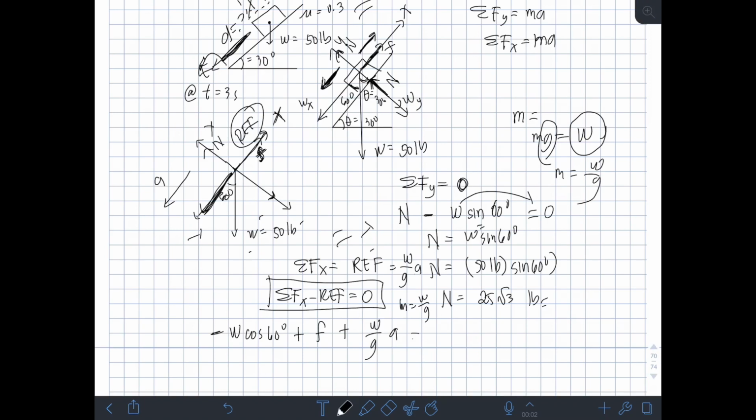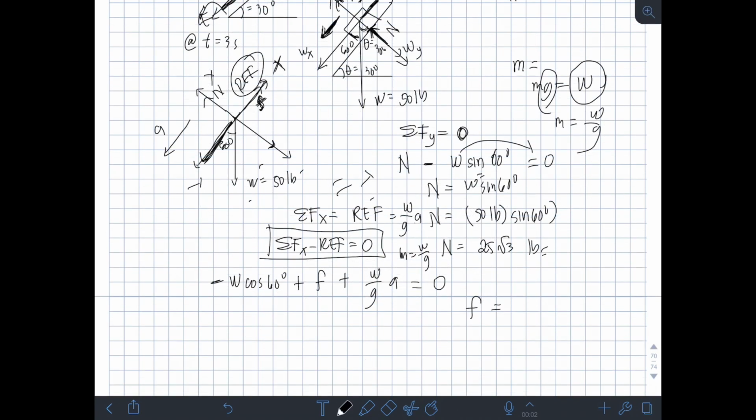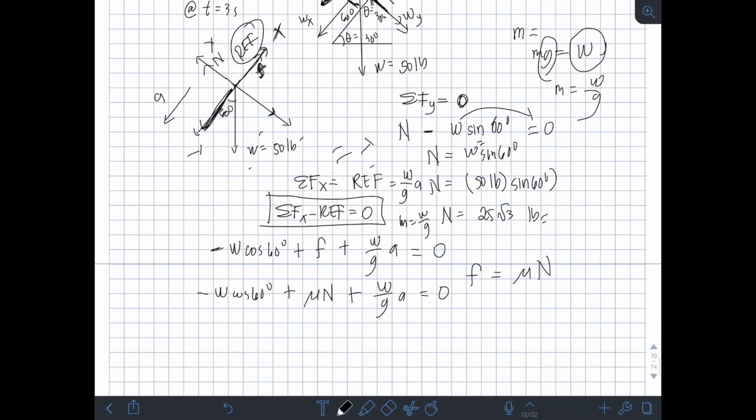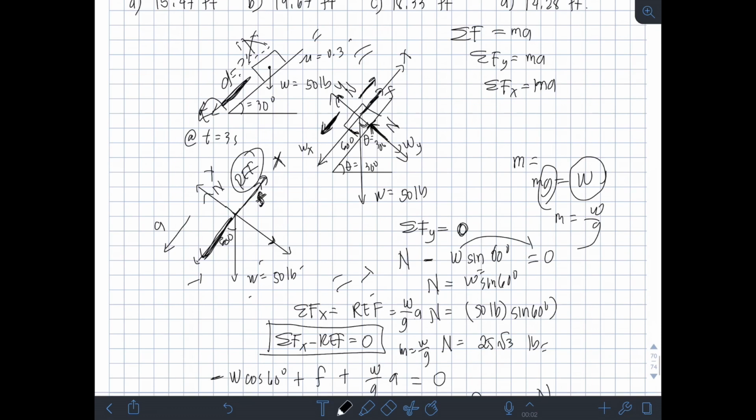So, wala na. So, equate na natin sa 0. Okay? So, by the way, itong F natin, may formula tayo na coefficient of friction times normal force. So, pag sinubstitute natin, we have negative W cosine 60 degree plus mu N plus W over g times a equals 0. So, therefore, substituting the values, W is 50, right? Cosine 60 degree plus mu. Ano yung mu natin? 0.3.